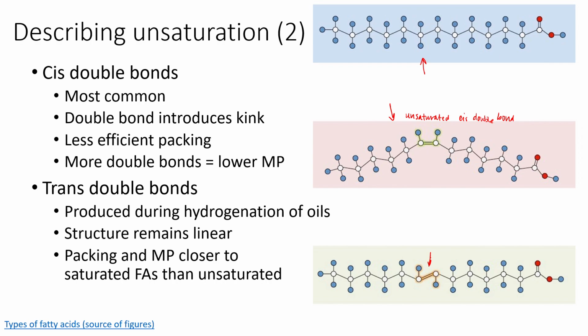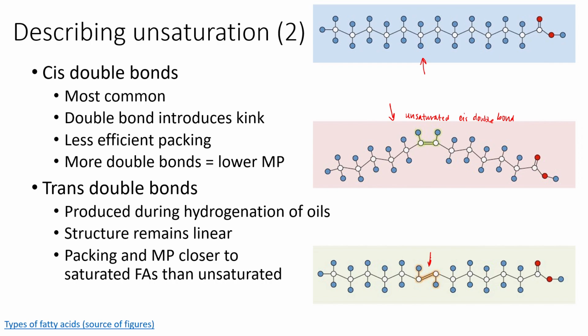In our cis double bond, we have this very obvious bend in our fatty acid. In our trans double bond, the shape of it still overall looks a lot like the saturated one, right? It has that same long linear shape. And so this means it's able to pack pretty closely, very similarly to the way that a saturated fatty acid can.